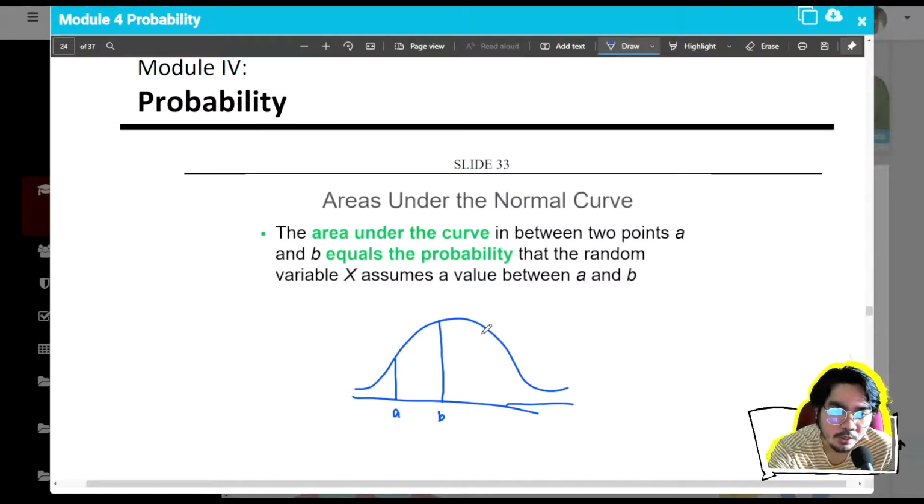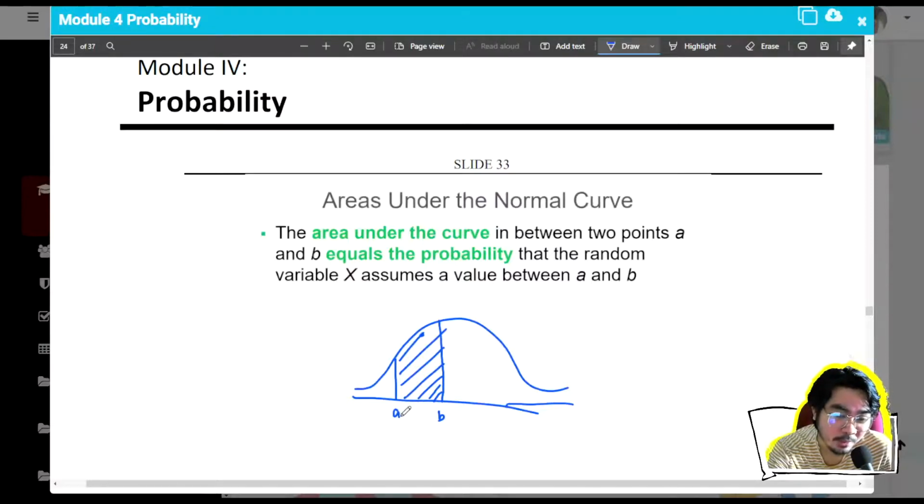So if you take the area under these 2 points right here from A to B, then this is the probability that your random variable x for this particular process assumes a value between A and B. So yun yung ibig sabihin niya. And again, for these types of concepts, mas maganda kung meron tayong example para mas ma-visualize kung ano yung ibig sabihin nito.